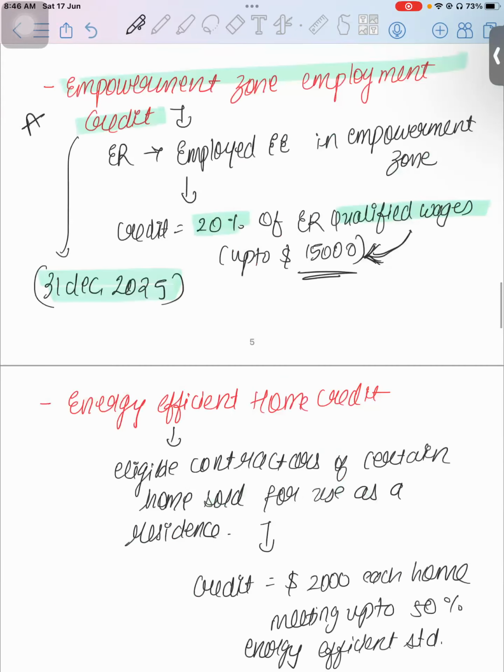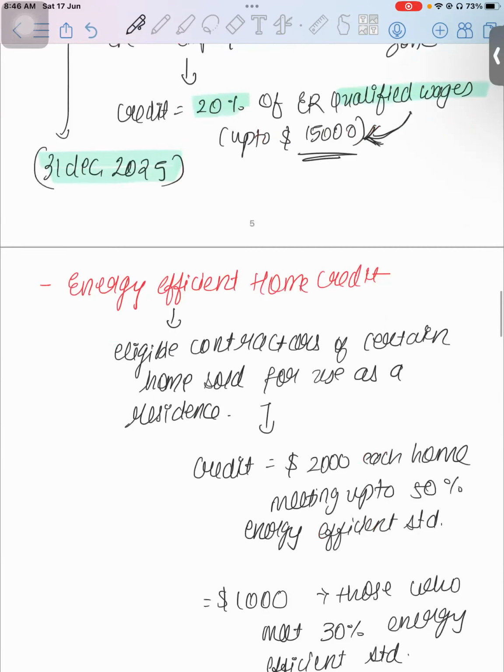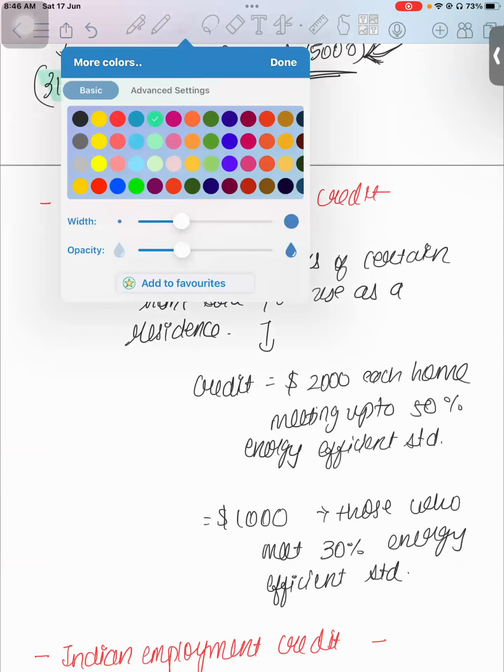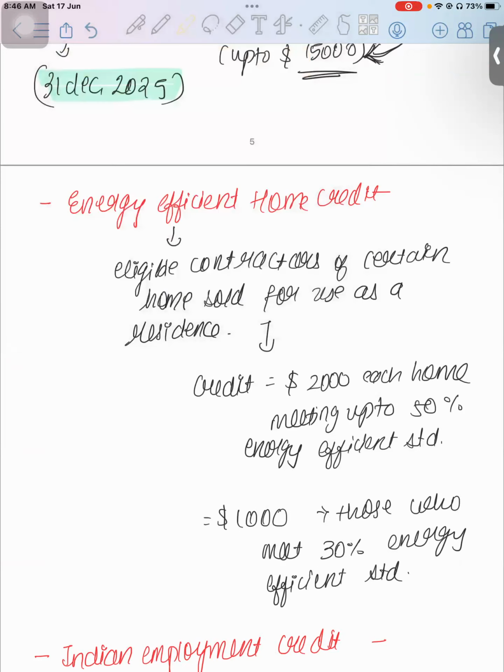Okay. Next is energy efficient home credit. This is important from the practical point of view. If we talk about practical life, you'll see many people are eligible for the energy efficient home credit. Like contractors, specifically those who are in the business of contracting homes, like building the home and just selling it. Okay.